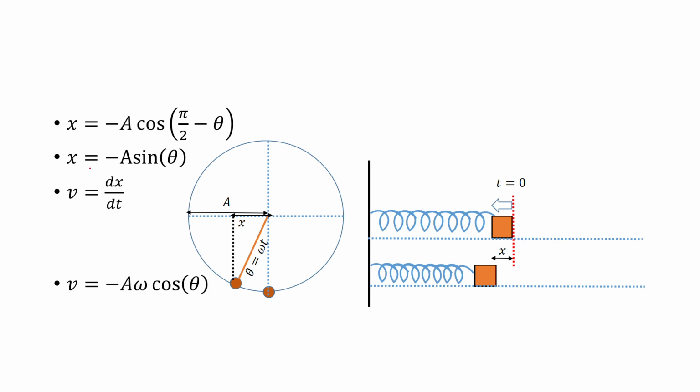So x is minus a sine theta and v is dx by dt, so we can write v equals minus a omega cos theta. In this case the particle is in the third quadrant, and both displacement and velocity are negative. This can again be verified from the simple harmonic motion, because the particle is moving from its equilibrium position towards the left, so x will always be negative, and since it is moving towards the left, v is also negative.